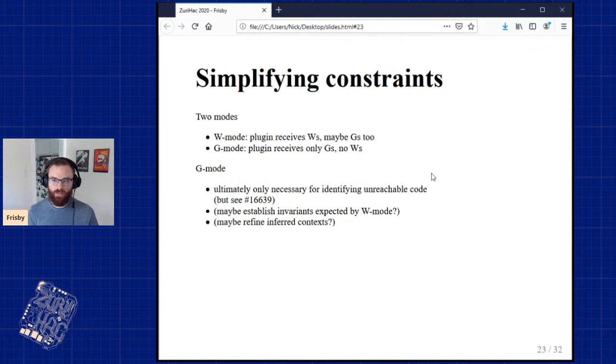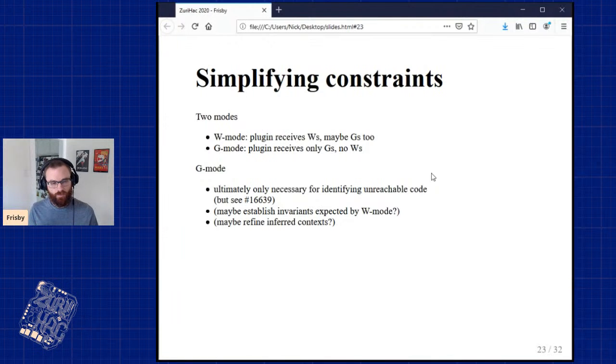So if your plugin knows something about equalities, let's say it knows you have a constraint that x is greater than y, and another constraint that y is greater than x. Obviously those two are a contradiction.